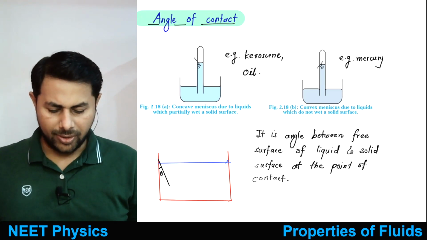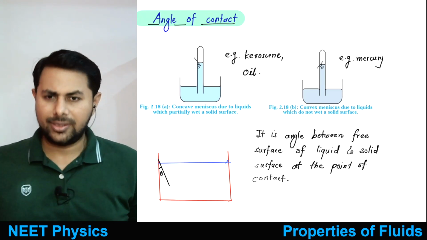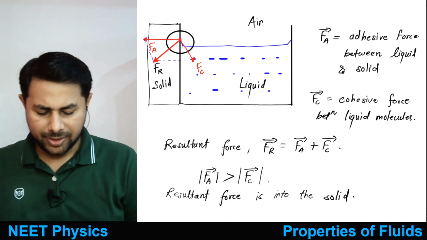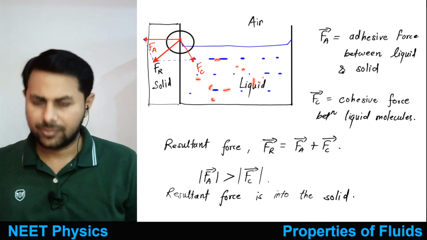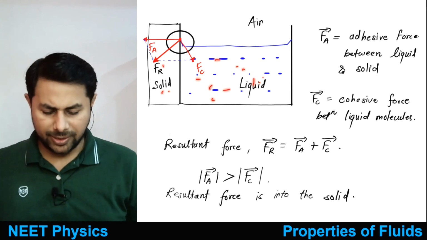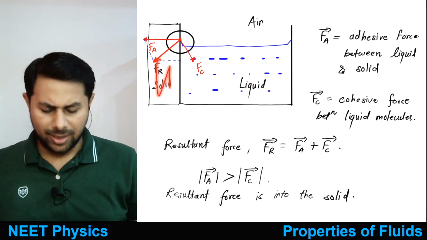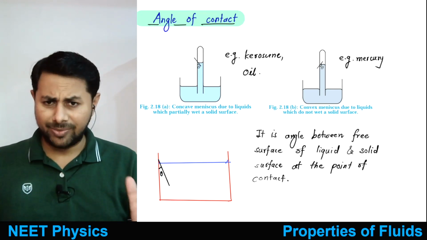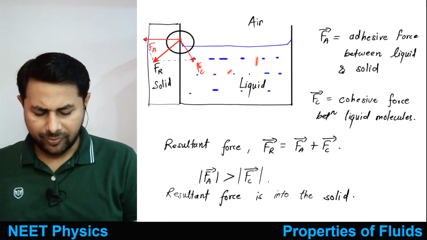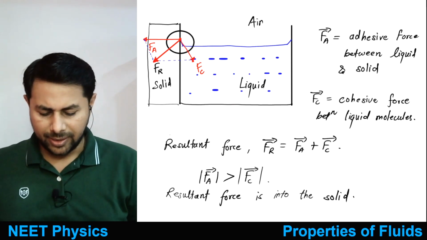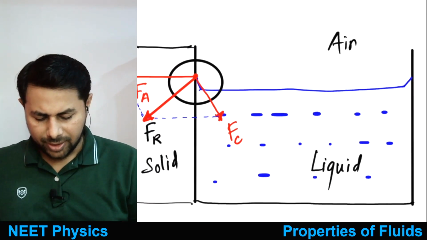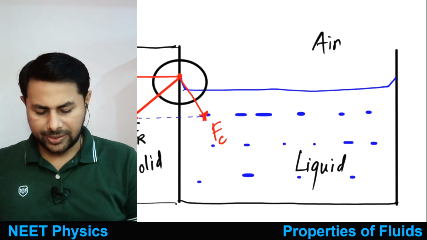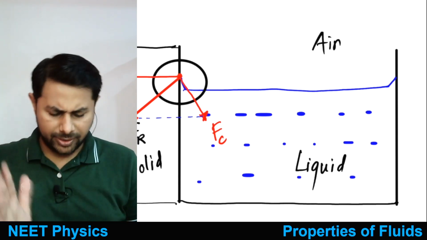Now let's see what's the reason for this angle of contact. Suppose this is some liquid and this is a solid surface. You can take the example of a glass beaker containing some water. Now think of this water molecule at the top, which is in contact with the solid or glass surface.